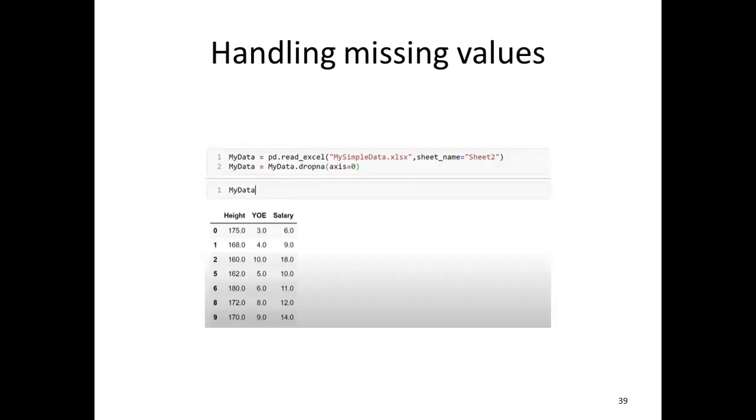Handling missing values. So what is a missing value? When we have a data set, we may have 100 samples, 1,000 samples, or 1 million samples. Samples means the data, the number of rows: 1,000 rows, 1 lakh rows, whatever. In some data sets, some rows may contain 0 values, not-a-number values, or missing values.